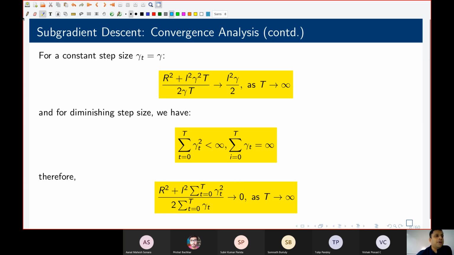So what's an example of gamma t for which the summation of gamma t square is finite? 1 upon t square? 1 upon t? So you're saying gamma t equals 1 by t. Any 1 by, sublinear term will also work. So what are the sublinear terms you could think of?